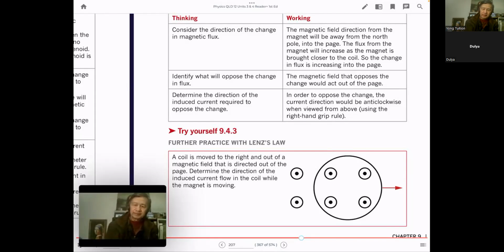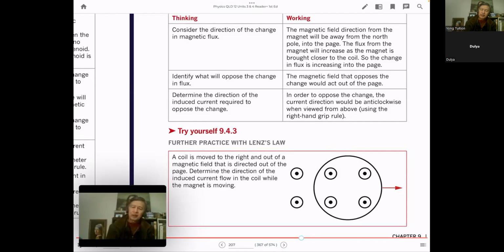Okay, can you read this question first? A coil is moved to the right and out of a magnetic field that is directed out of the page. Determine the direction of the induced current flow in the coil while it is moving. Do you want to try? When you see this small circle with a dot at the center, it means the magnetic field is out of the page.